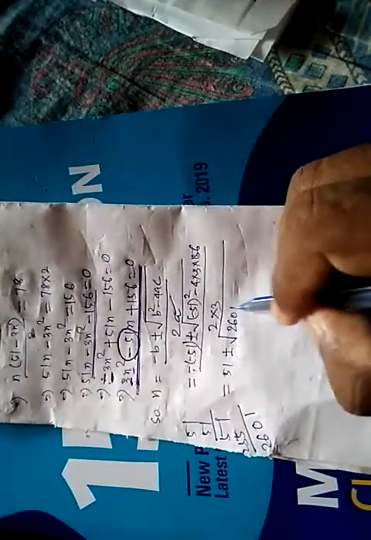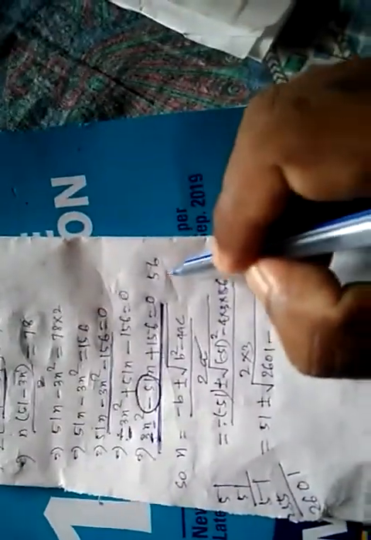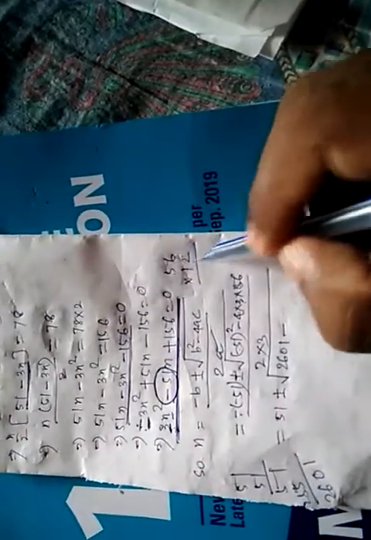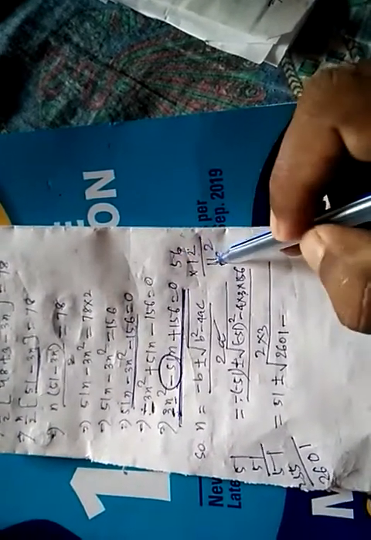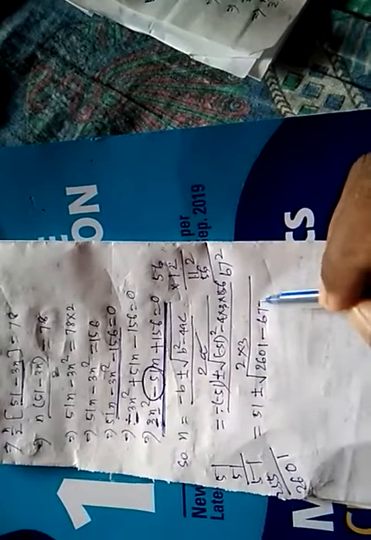51 square, 51 into 51. So that becomes how much? 2601 minus 4 into 3, that is 12. Now 56 will be multiplied with 12, that gives 672.